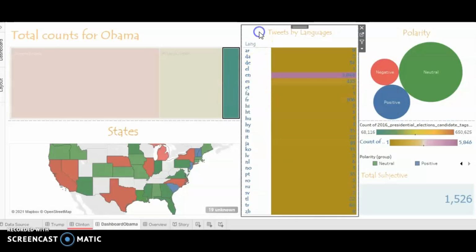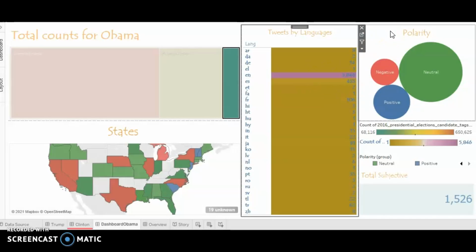And how many tweets by language were there? The highest was in English. All the tweets tagged to Obama that were posted in English were 5,846.